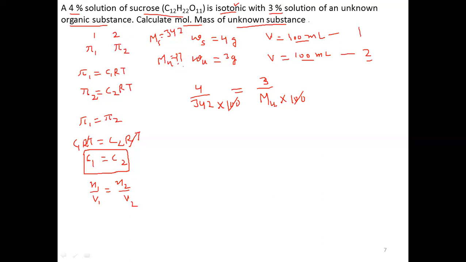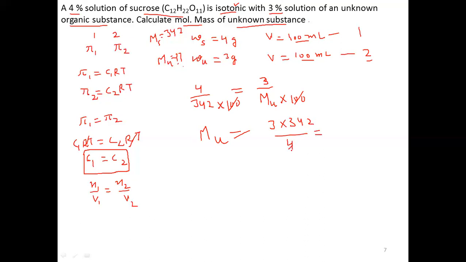So we have to calculate mu from here. Taking mu to the right hand side, it will be 3 into 342 divided by 4.